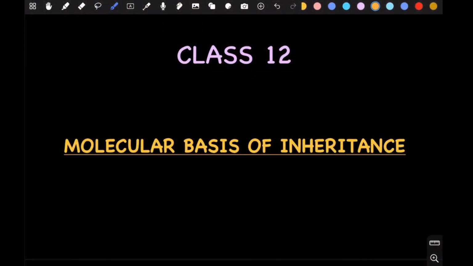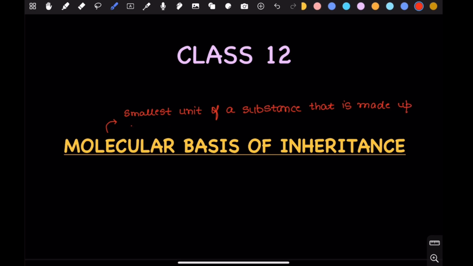Before we begin with the concept, we should understand the name of the chapter, that is molecular basis of inheritance. First of all, what does a molecule mean? As we learned in the earlier classes, a molecule means the smallest unit of a substance that is made up of one or more atoms bound together by chemical bonds.